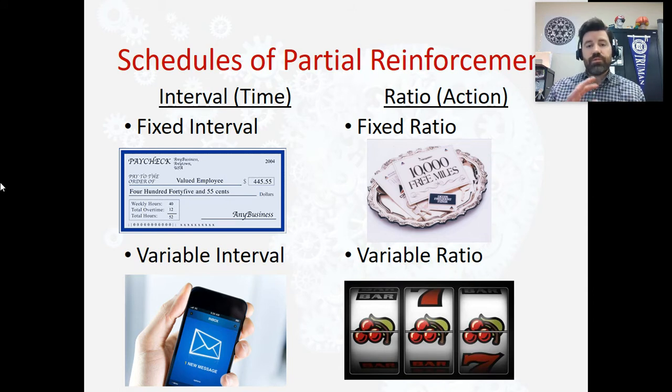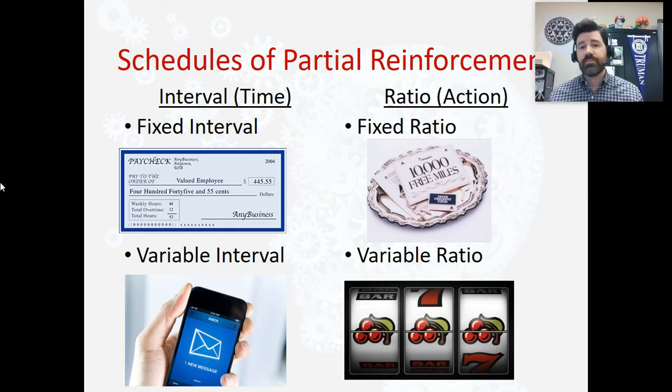So the first question you ask yourself: are we reinforcing based off of simply time passing, or are we reinforcing based off of you doing some behavior? Once we figure that out, then we need to figure out, well, how often? Now, if it's consistent, if it is always the same, we would say it's fixed.